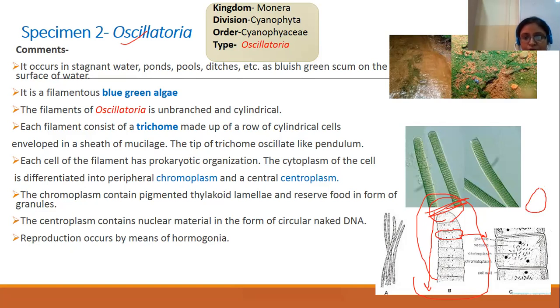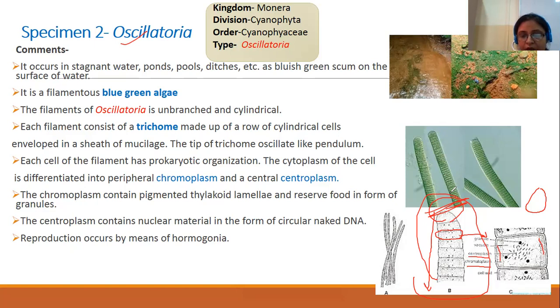The cytoplasm is also differentiated into two parts. What are these two parts? The peripheral part is called the chromoplasm or the chromatoplasm. And the central cytoplasm, which is lighter in color, is called the centroplasm. The chromoplasm is darkly stained due to the presence of pigment in it, and this time the pigment is green, that's why they look green in color.